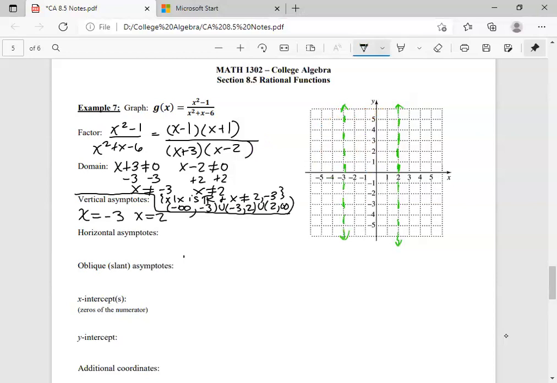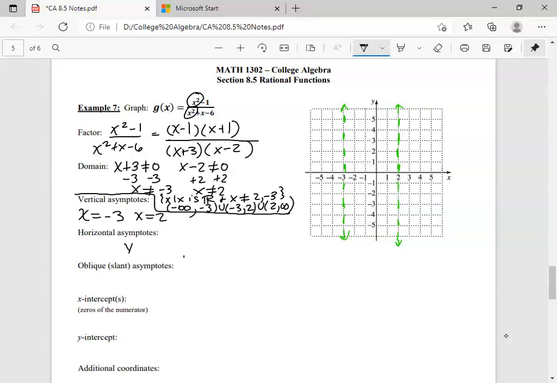Okay. Horizontal asymptotes, that's the thing that you look at whenever you're saying the same, top heavy or bottom heavy. So we're comparing this and we've got the highest power of exponent I have on the top is the squared, and on the bottom it's also the squared. So I have an x squared over x squared. Those are the same.